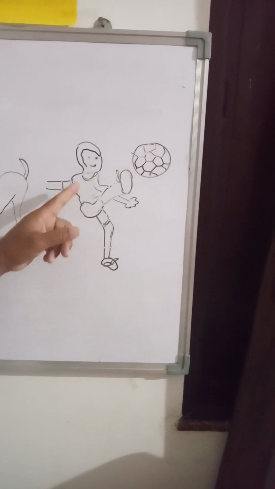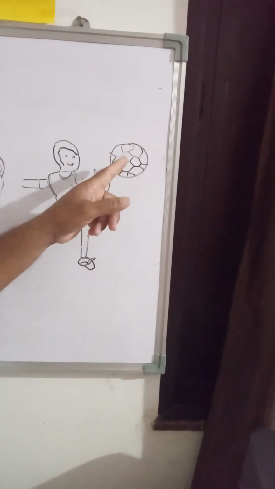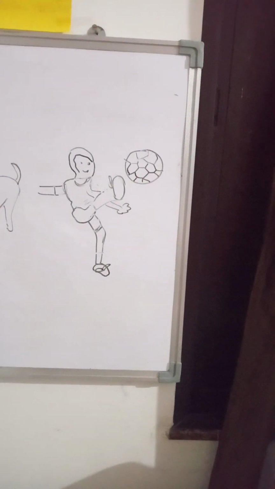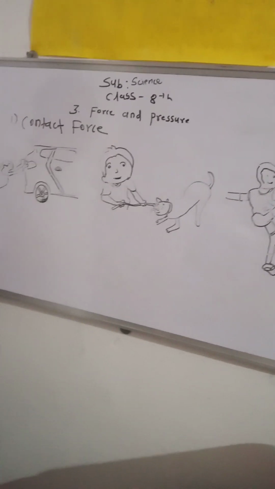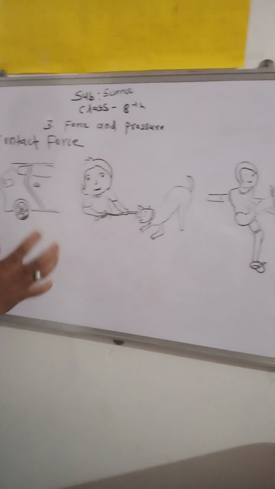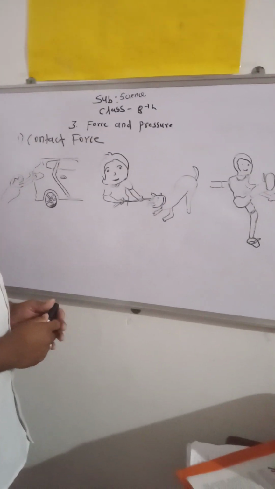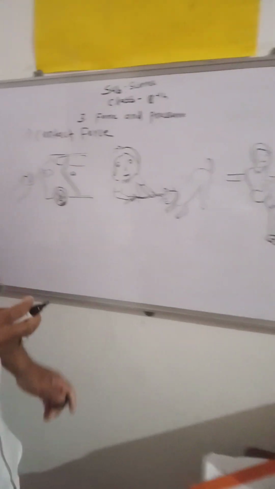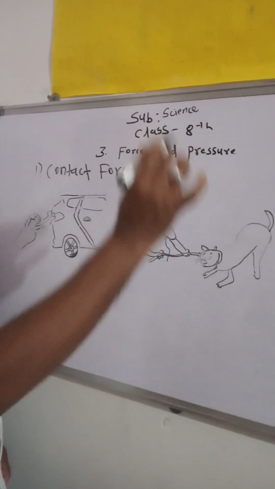It means that the boy is acting a force on the ball directly. In all these pictures, we observe that every person tries to act the force on the object directly. Therefore, this type of force we will call contact force.